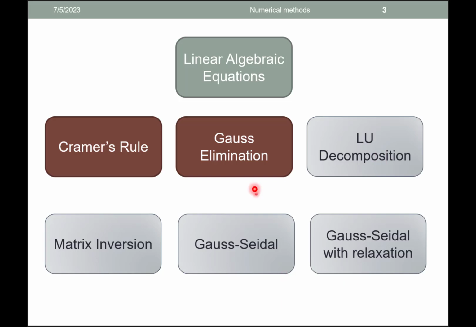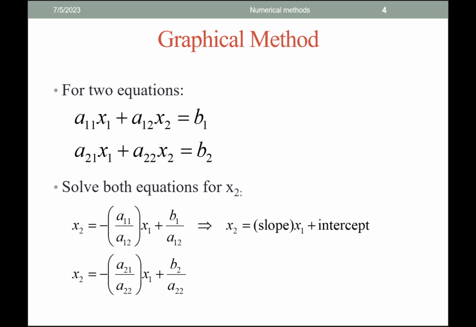The first method I'm going to present, which is not on here, is just the graphical approach, which is the basic method. And you won't be tested on the graphical approach, but I'm just showing you in general what the graphical approach is. So if we have 2 equations, such as these 2, and every time we have a set of equations, if I have 2 unknowns, I need 2 equations.